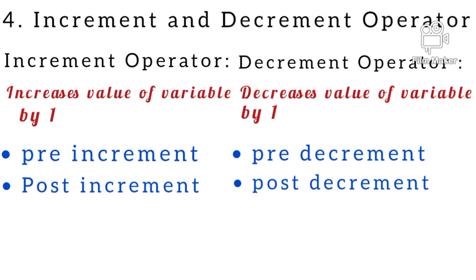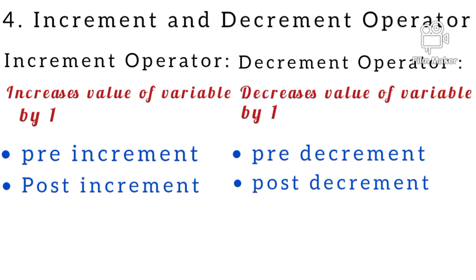When we use this operator, value of variable first increases by 1 and then variable is used inside the expression. After that, next is post-increment operator. When we use this operator, value of variable is used inside the expression with original value and then increased by 1.